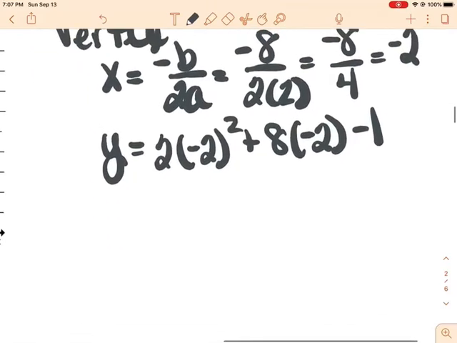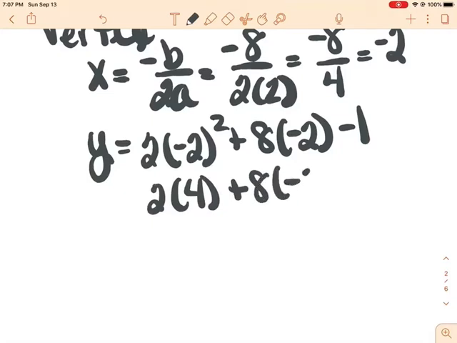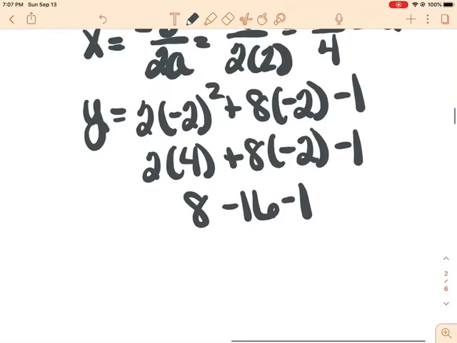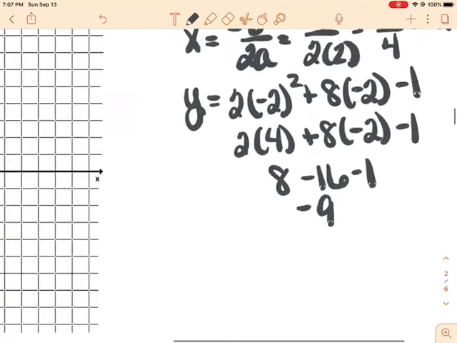So remember, something I see people do really badly in math is that they don't square first. And squaring always gives you a positive number, right? So this is 8 minus 16 minus 1, so that's negative 9. So our vertex is at negative 2, negative 9.